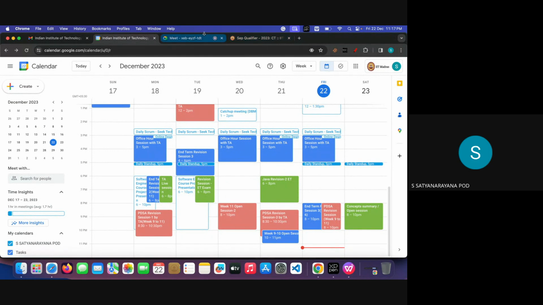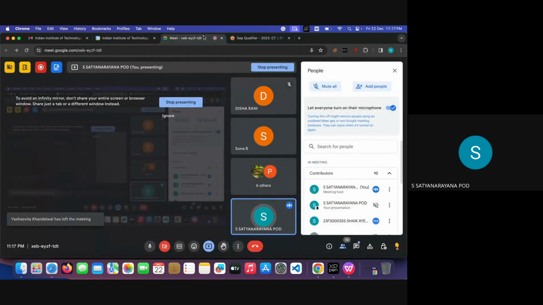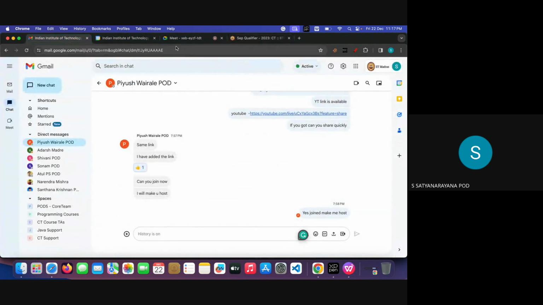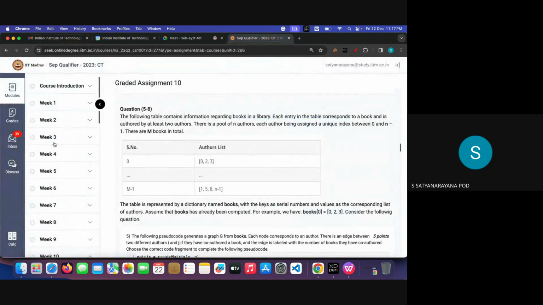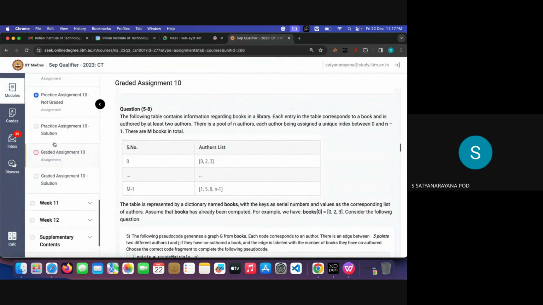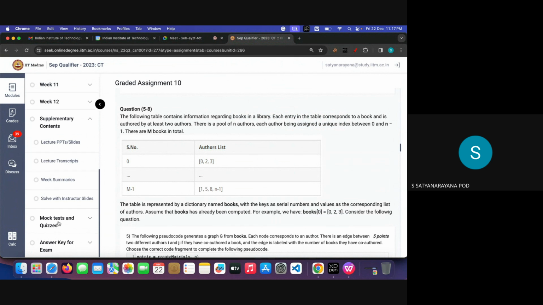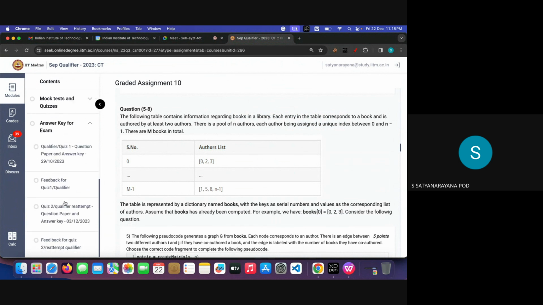I think on the 24th you have the exam, no? Yes, sir. Anyway, these solutions are available. Whatever 10 questions I've discussed, please look at the old term, which has been showing the solutions. Look at the mock test, supplementary content. Yeah, here it is, but the format is different.